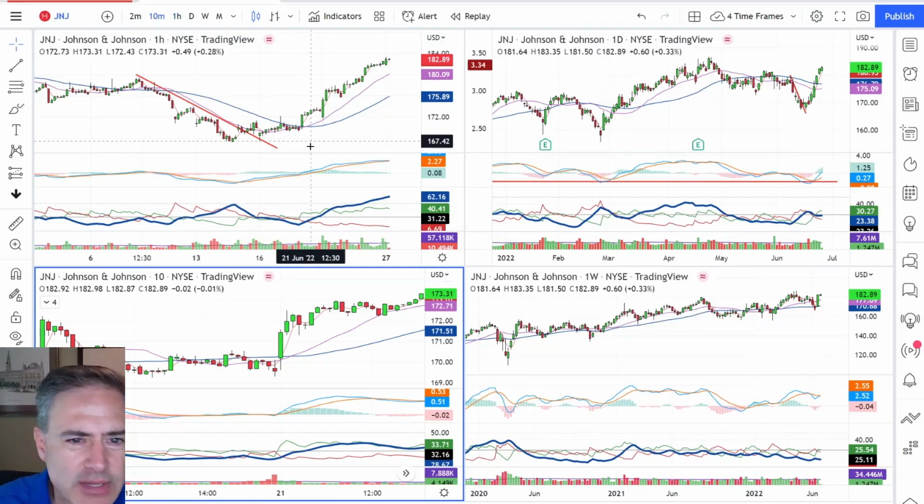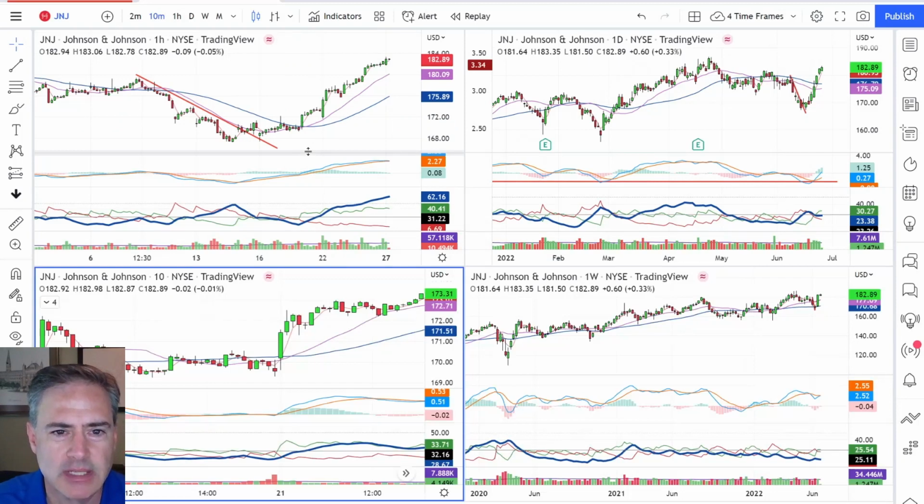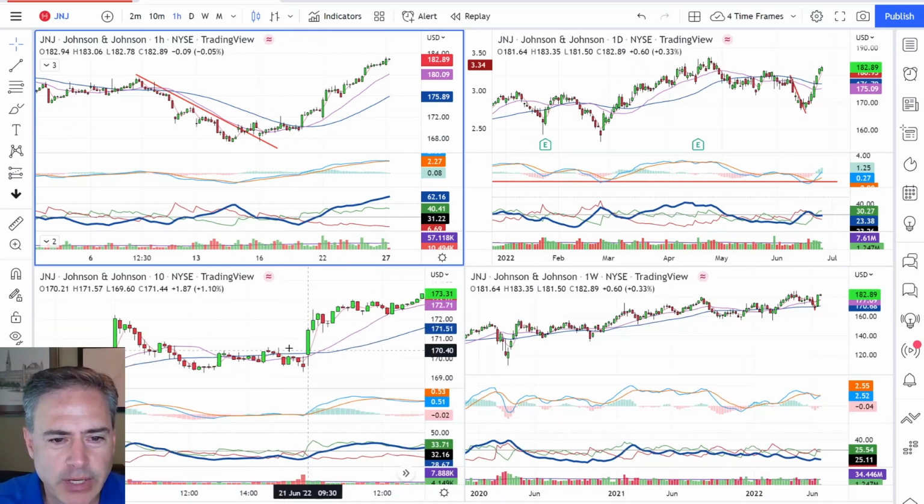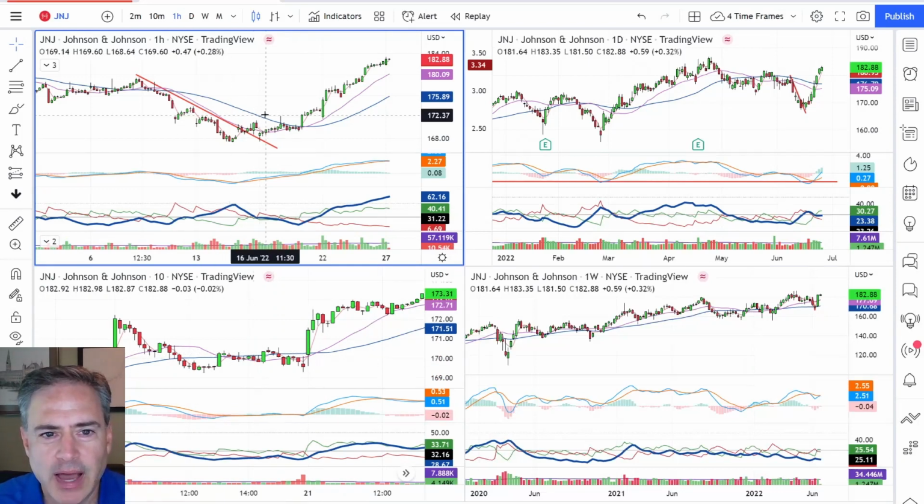So I'm going to save myself a couple points in most cases, if I'm doing it this way, finding the entry off the smaller time frame, because this entry here using this close was 170.3, and taking out the high here was around 172. Yeah, it was about $2.